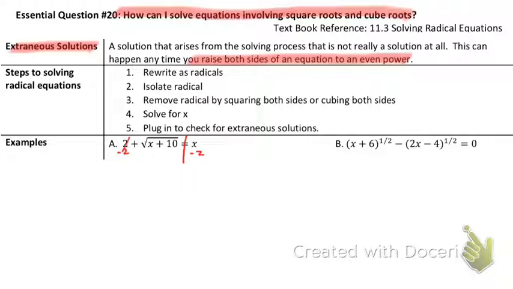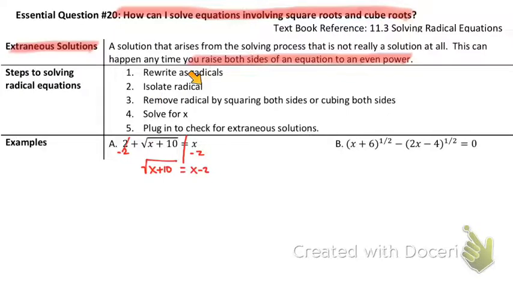We now have the square root of x plus 10 equal to, on the right side, x minus 2. Our square root is now isolated, all by itself on one side of the equal sign.